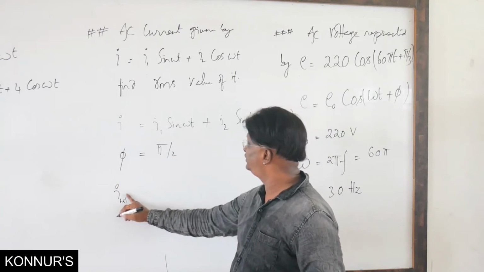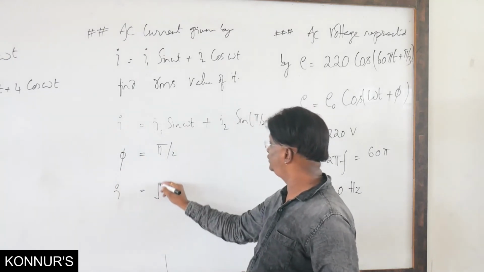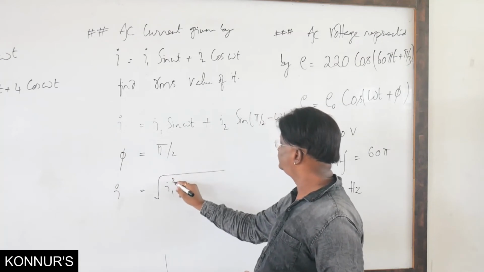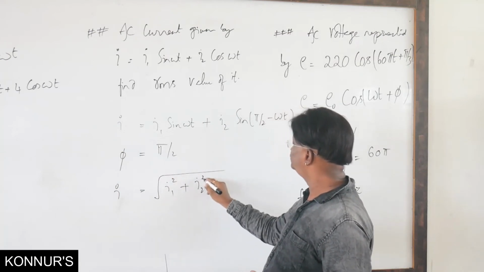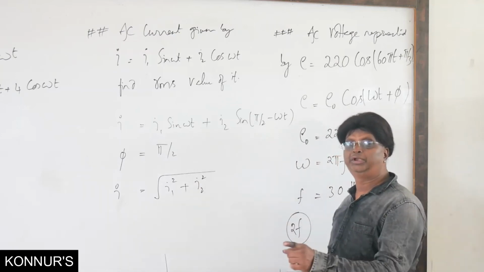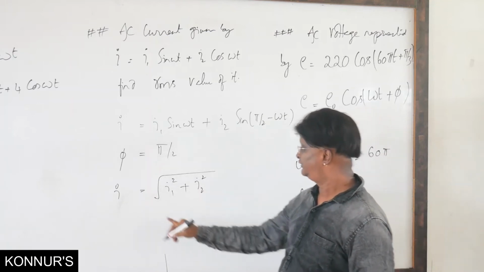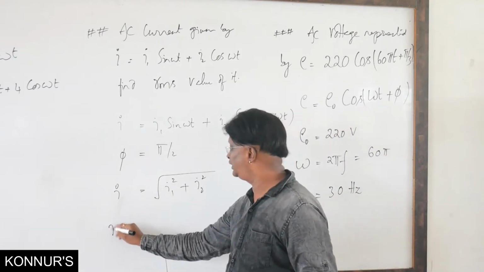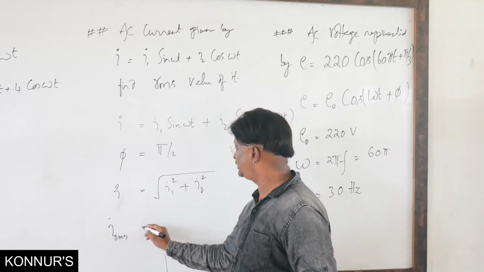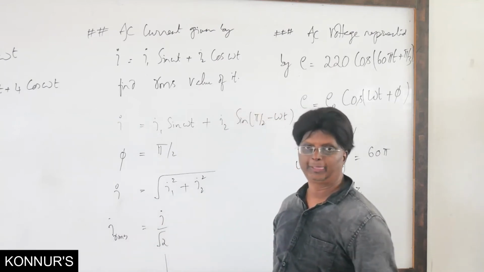The magnitude I is equal to root of I1 squared plus I2 squared plus 2 I1 I2 cos phi, and because of this pi by 2 the cosine term becomes 0. Now we require I RMS, which is equal to I upon root 2.